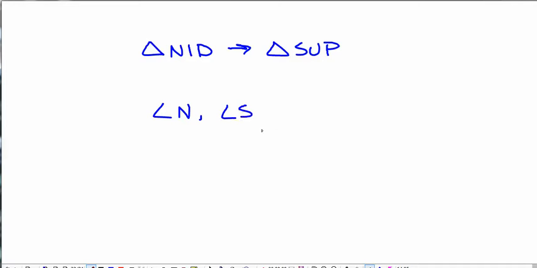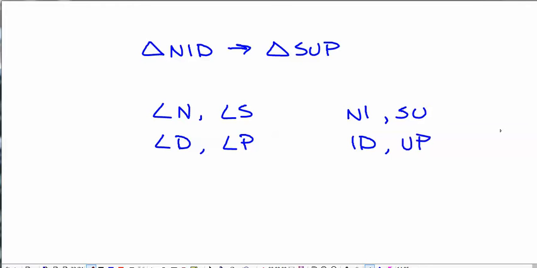Good. They correspond to one another. What about angle D? Angle P, good. And side NI corresponds to side? Good. And side ID corresponds to side UP. Fair enough? Very good. Turn the page.